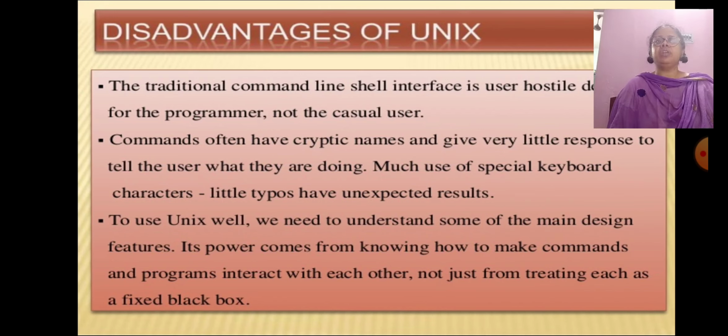To use the Unix shell, we need to understand some of the main design features. Its powers come from knowing how to make commands and programs interact with each other, not just from treating each as a fixed black box.